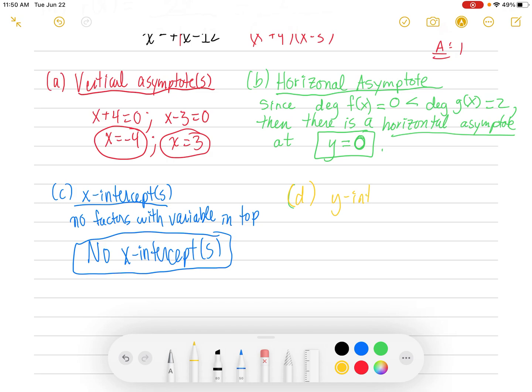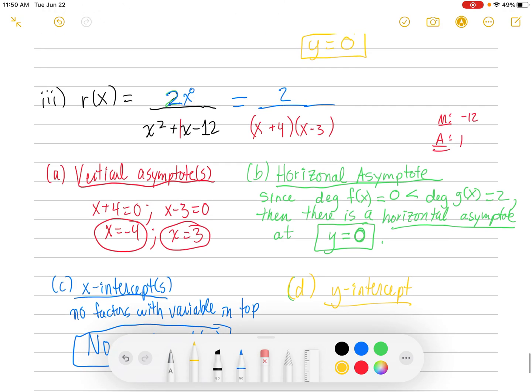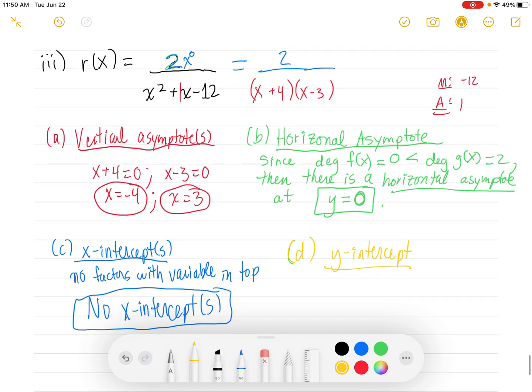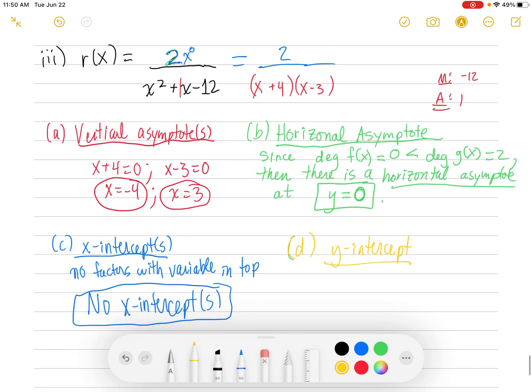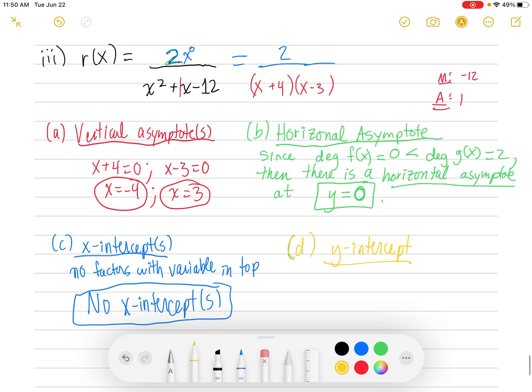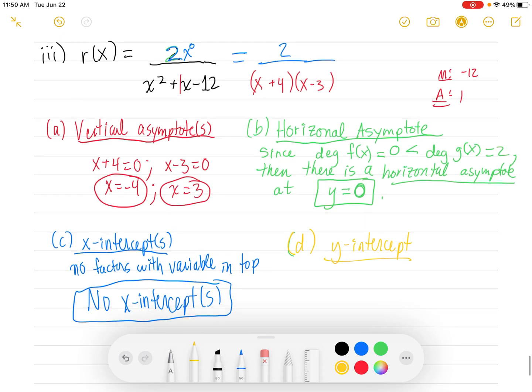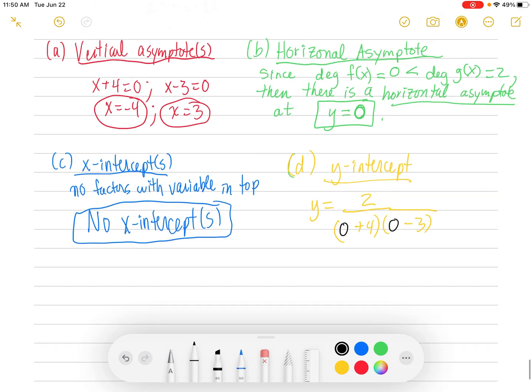Okay, and finally part D, that's finding the y-intercept, if there is one. So we're going to set the x equal to 0. So I'm going to say y equals 2 over blank plus 4 times blank minus 3.